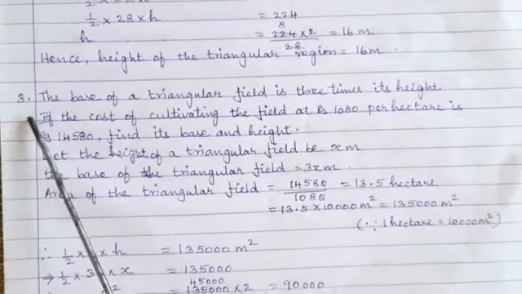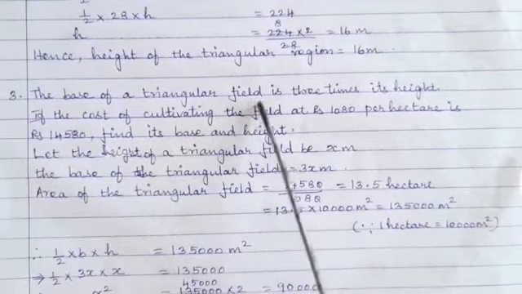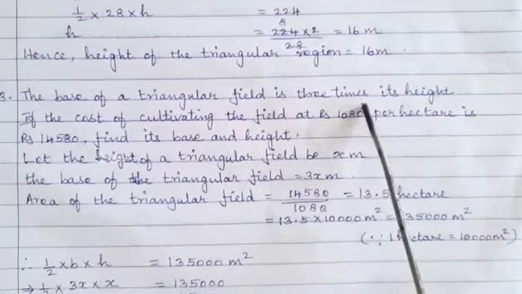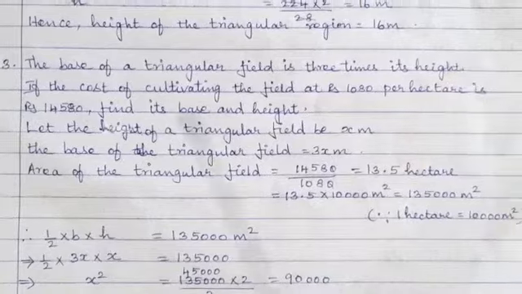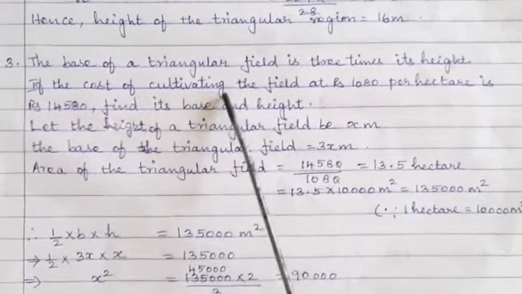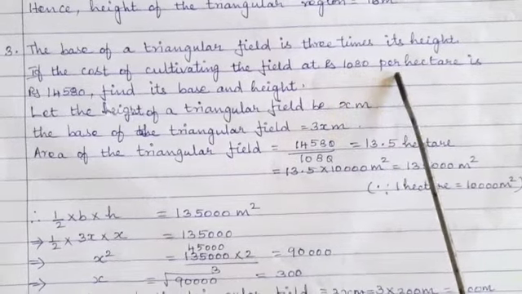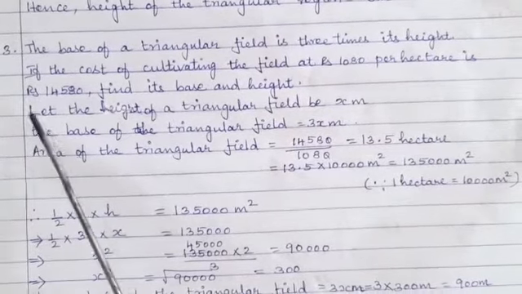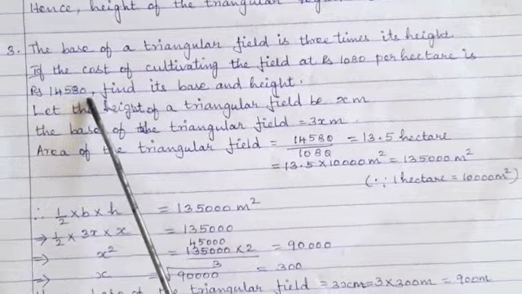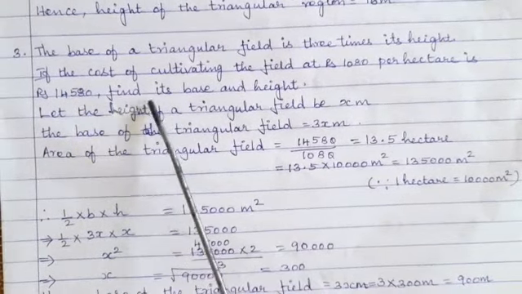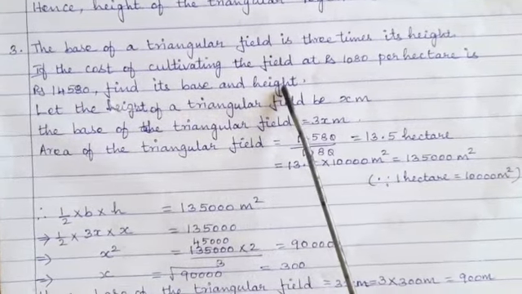Question number 3. The base of a triangular field is 3 times its height. If the cost of cultivating the field at rupees 1080 per hectare is rupees 14,580, find its base and height.